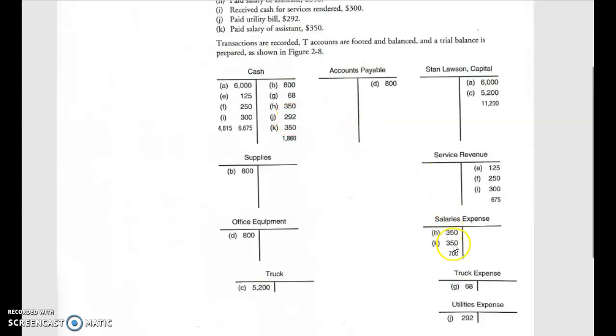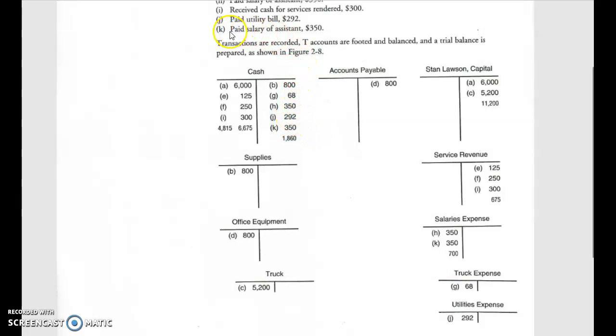And you can see here in utilities expense, we have debited the utilities expense because we're increasing it. Expenses have a normal debit balance. So here is transaction J for $292. Here is the debit and here is the credit.